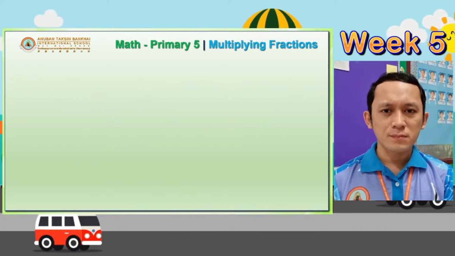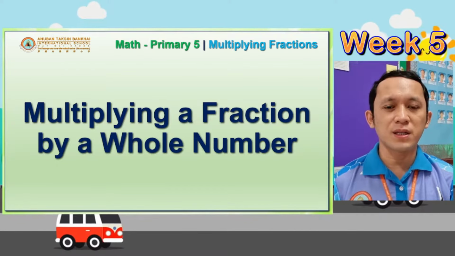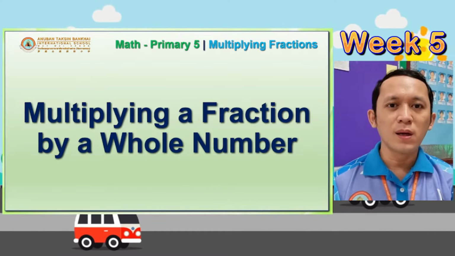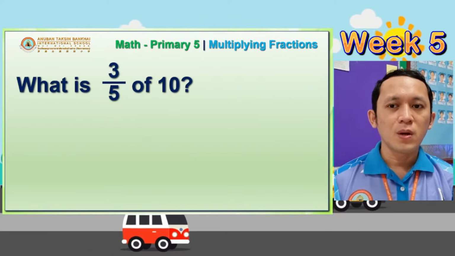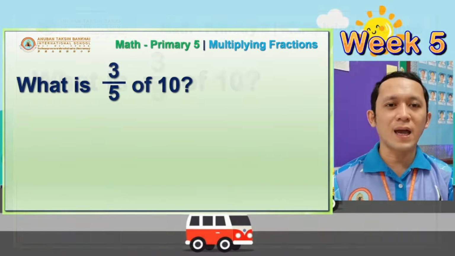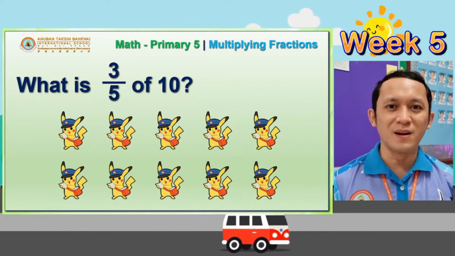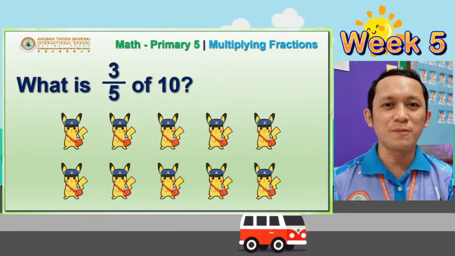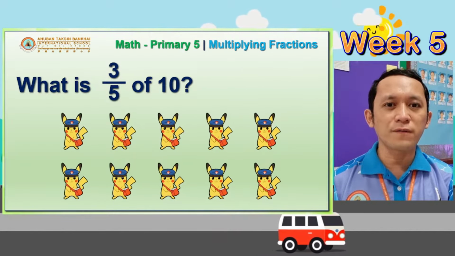Okay, now let's have multiplying a fraction by a whole number. Let's have an example. What is 3 over 5 of 10? Now let's assume that the 10 they are referring to are 10 Pokemons, okay? So we have here 10 Pokemons and our fraction says 3 over 5.